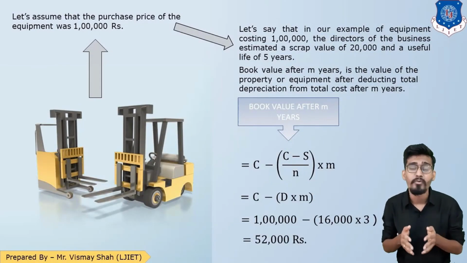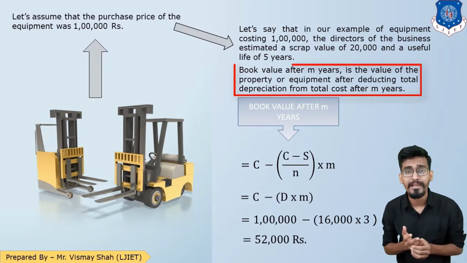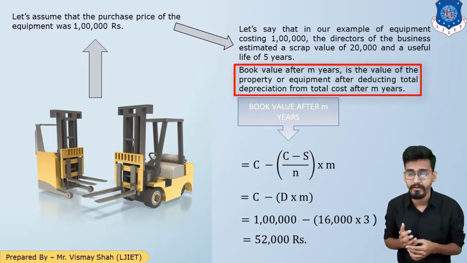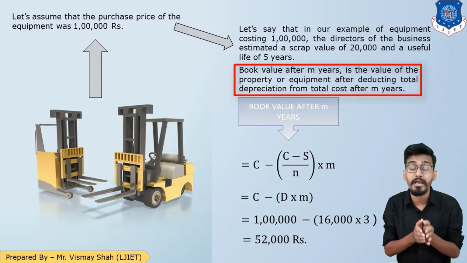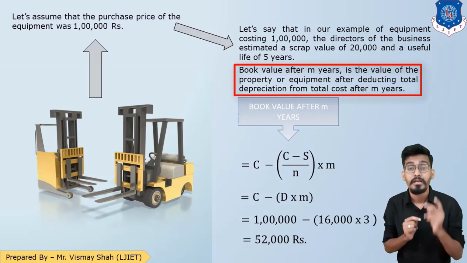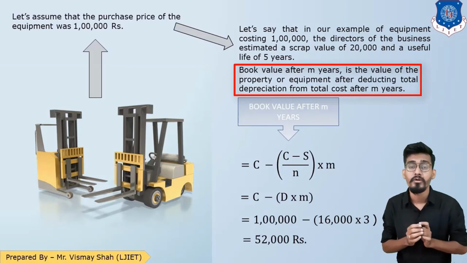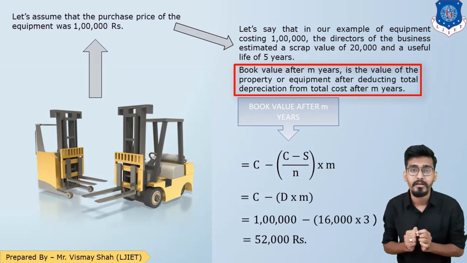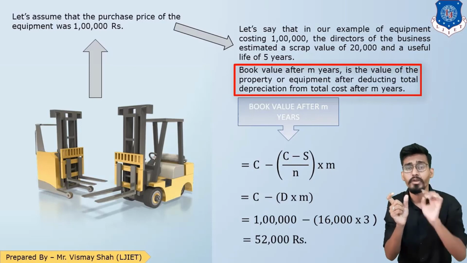Moving forward, now we want to find the book value of that equipment after 3 years. Here a new word has arrived: book value. The book value after M years, or 3 years or whatsoever, is the value of the property or the equipment after deducting the total depreciation from the original cost up to that year. Let me simplify. Book value is the remaining value of the equipment when you deduct the total depreciation up to that year from the original cost.